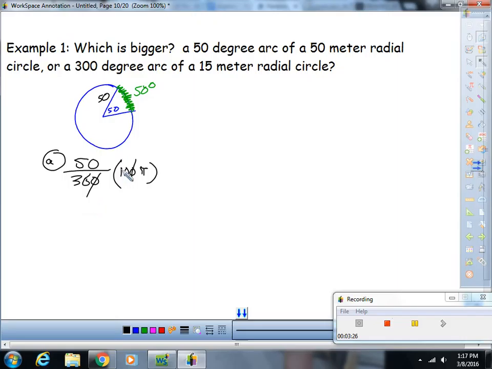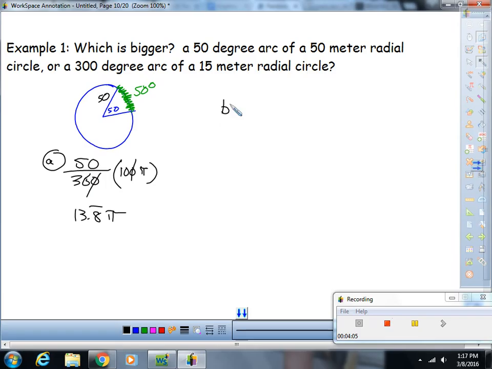You get 5000 over 36 pi, which simplifies to, oh gosh, let's just write it as a decimal. 5000 divided by 36. It's 138.8 repeating pi, which is not the best way to write it, but we're not asking for the answer, we're just asking for which one is longer.